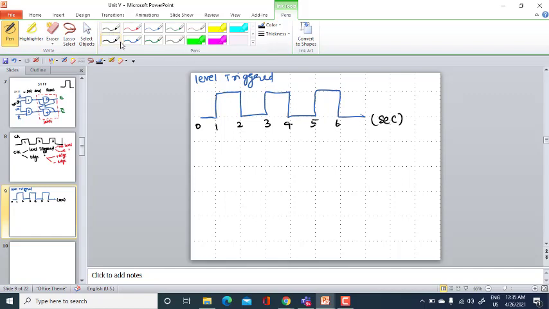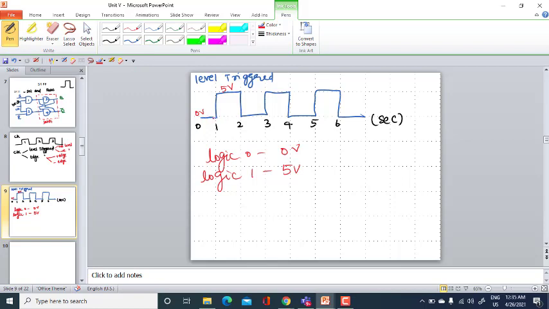Level triggered means, let me take this clock pulse as this: logic 0 is at 0 volt and logic 1 is at 5 volt. Okay, logic 0 is at 0 volt and logic 1 is at 5 volt. So logic 0 equal to 0 volts means here this one.